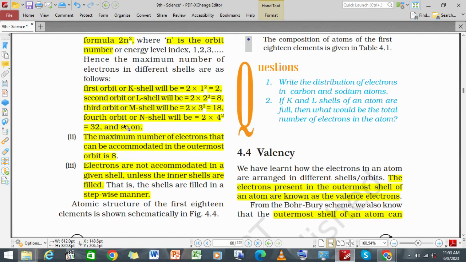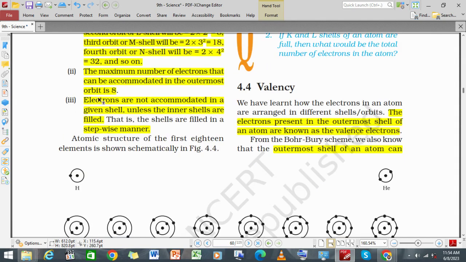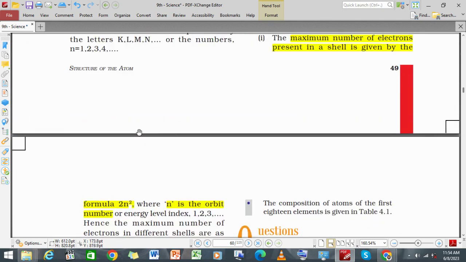To prevent that, Bohr proposed that electrons will only occupy outer shells if the inner ones are completely filled, from inside to outside. The maximum number of electrons in the outermost orbit is 8. You have to understand, it fills in a stepwise manner.